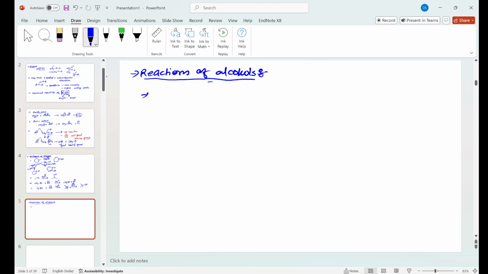With the electropositive metals it can react, such as if we use sodium, which in pristine form is in zero oxidation state, it will form this sodium alkoxide, and it will release hydrogen gas.